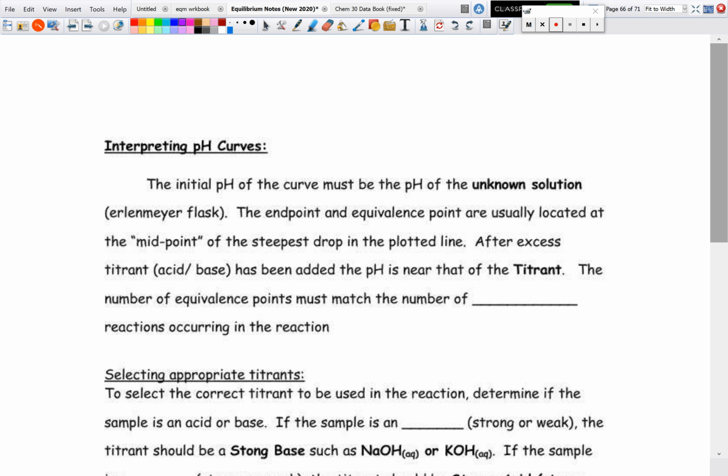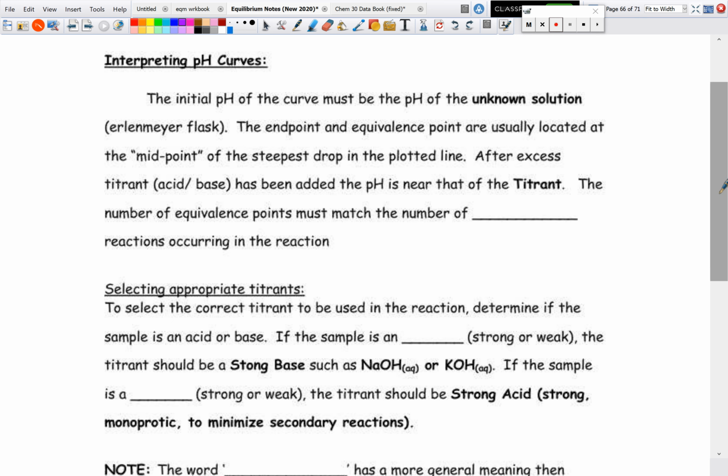So of course we're going to look at graphs in a minute and tie all this together. But as we're interpreting these pH curves, just remember the initial pH of the curve must equal the pH of our unknown solution, or our sample. And the endpoint and the equivalence points are usually located in the middle of the graph, at the steepest drop on the plotted line.